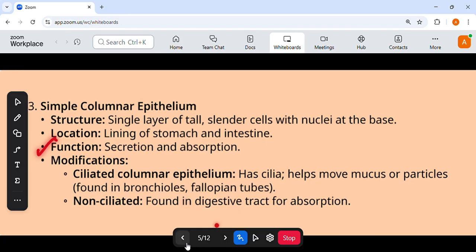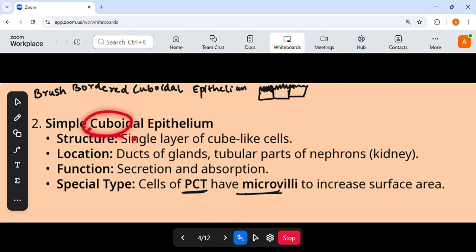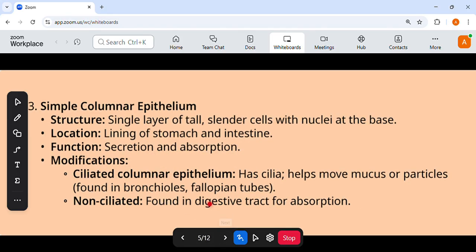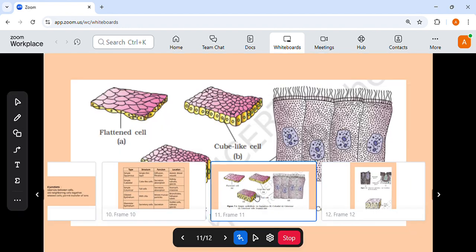So simple squamous epithelium's function is filtration, and diffusion. And cuboidal function is secretion and absorption. Columnar also secretion and absorption. So see here the diagrams.